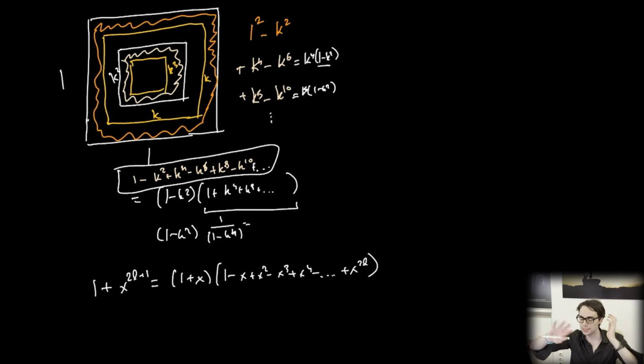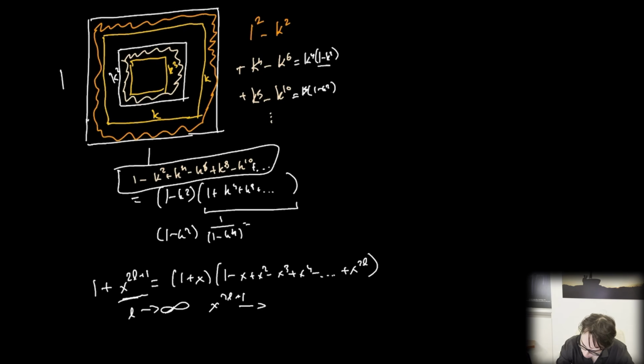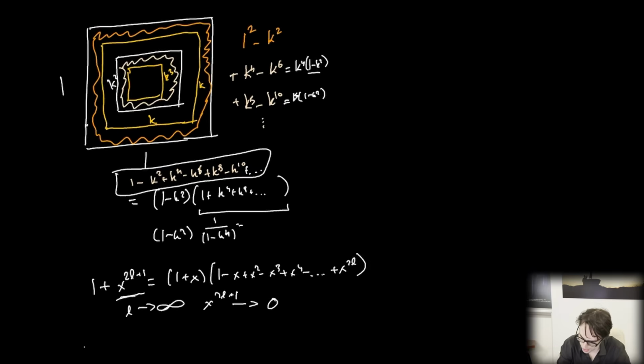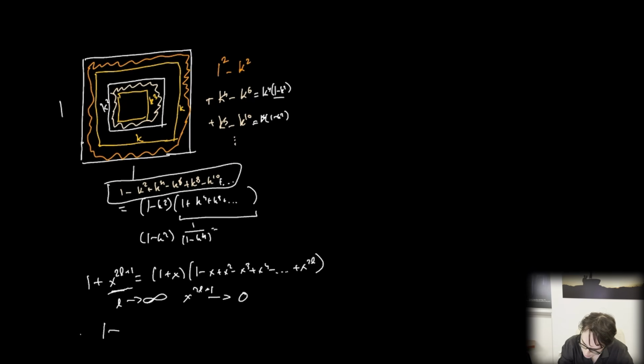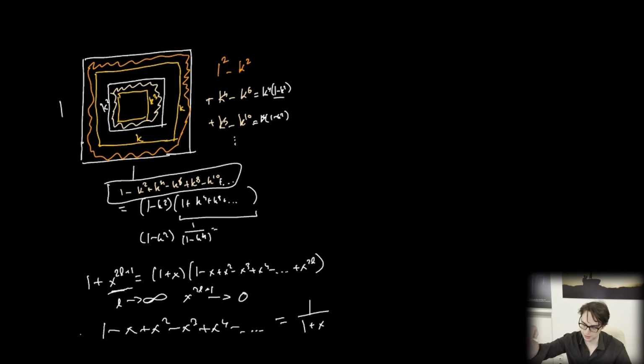So you can think about it like what happens at infinity? Well, at infinity, if x is less than 1 in its absolute value, and L goes to infinity, then this thing, x to the 2l plus 1, becomes 0 effectively. And you get that this whole thing, 1 minus x plus x squared minus x cubed plus x to the fourth, minus plus minus plus up until infinity, is 1 over 1 plus x.